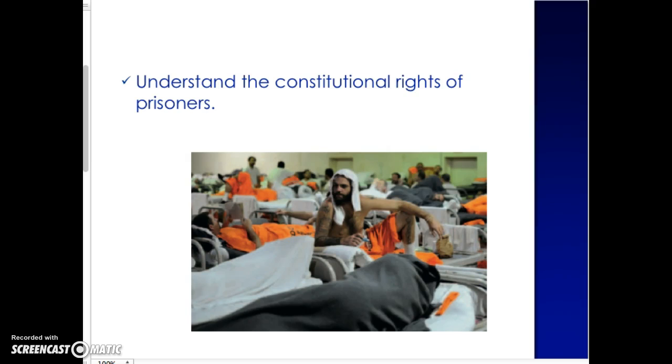These have been outlined by the Supreme Court probably since the beginning of the 1960s, when the courts began to take a no hands-off policy. They had a hands-off policy prior to the 1960s, and beginning in the 1960s, they started interpreting constitutional rights that are associated with prisoners.